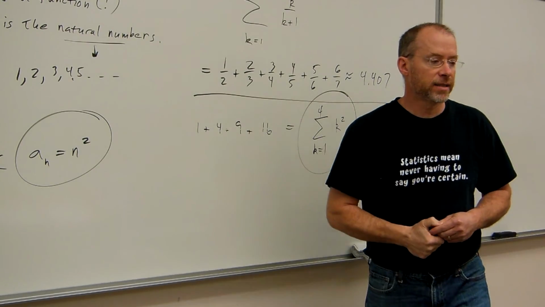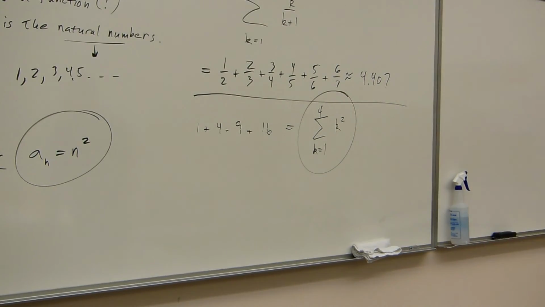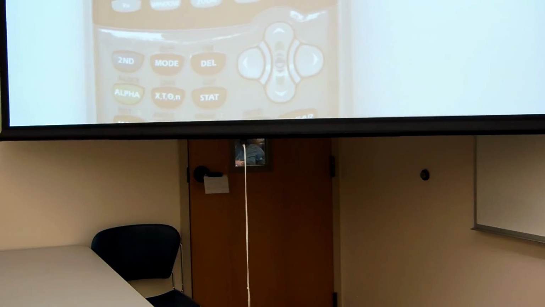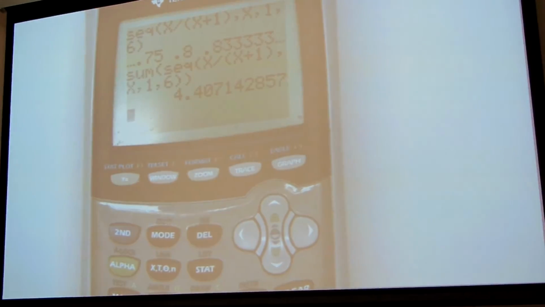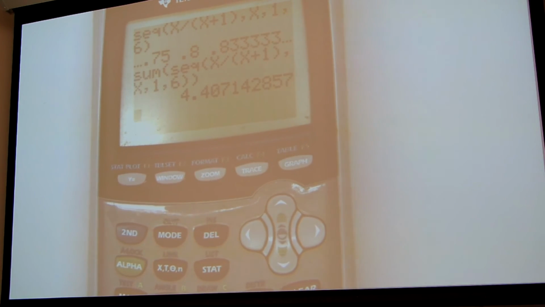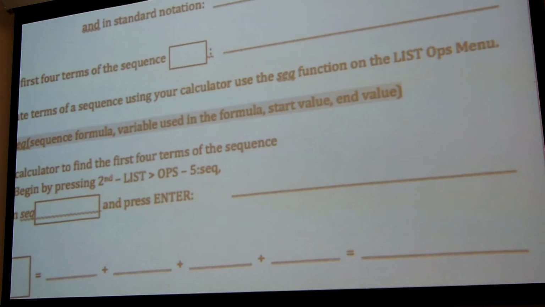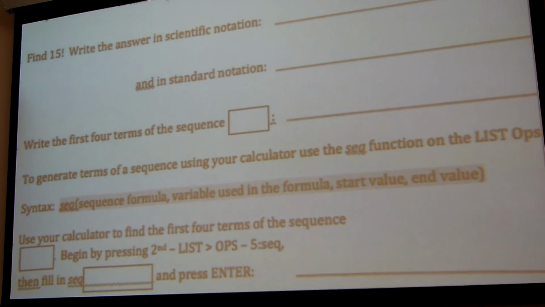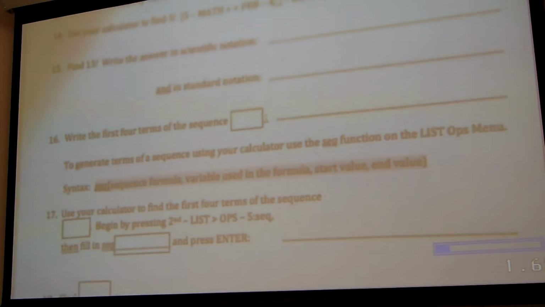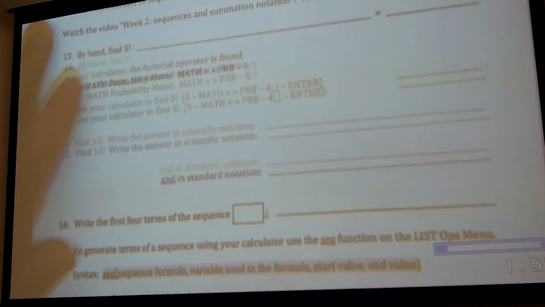Okay, last thing I want to do, and let's go back to the screen here, is I want to look with some apology at about the third page of the activity, of the second week assignment.